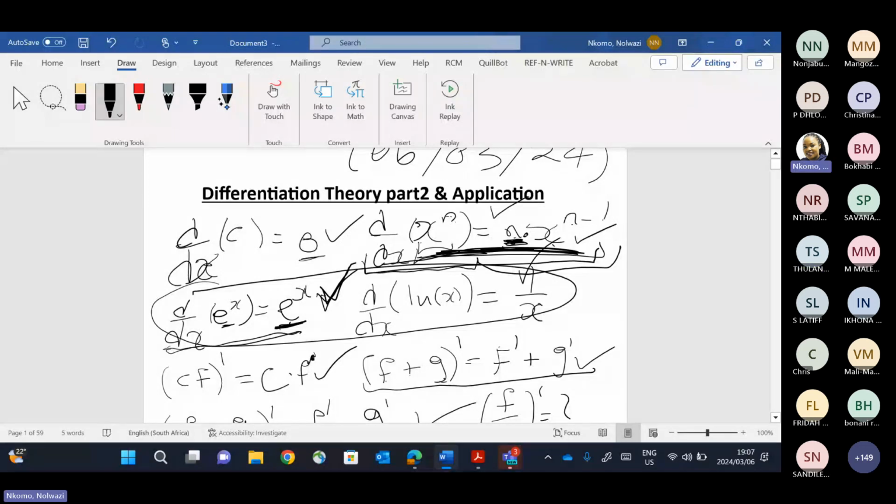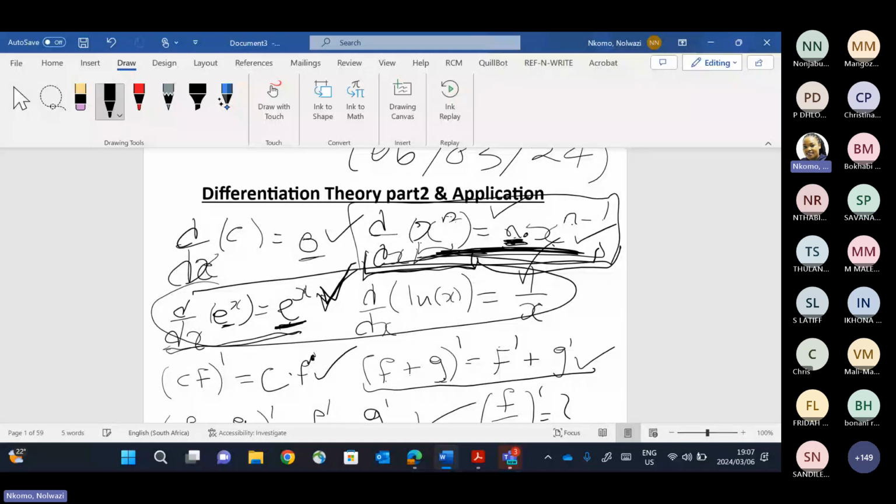If we check rule 2, the derivative of x to the power n, in our case n is equal to a half. So this means we can use this rule. We come back here where there is n and substitute n with half.